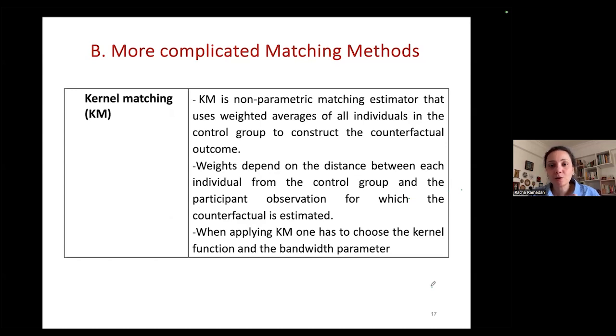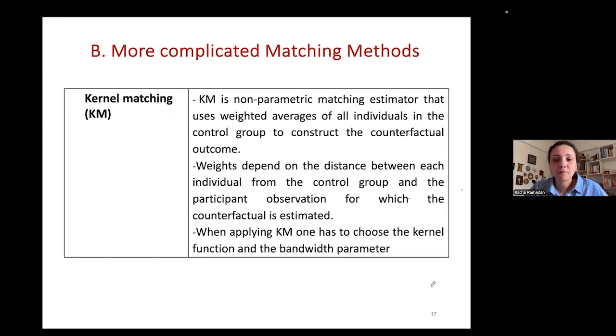And of course, the weights provided by the kernel function to create this weighted average will depend on the distance between the treated observation and the control observation we are dealing with. So it will depend on how far or how close the scores are between each individual from the control group and the participation observation for which the counterfactual is estimated.